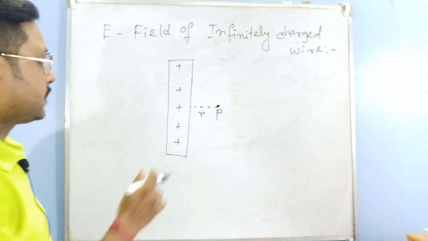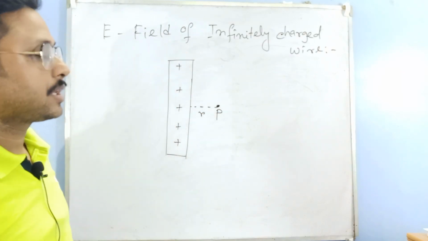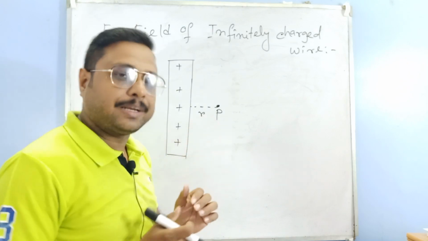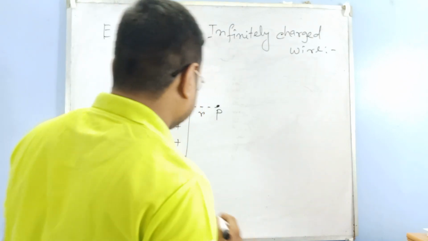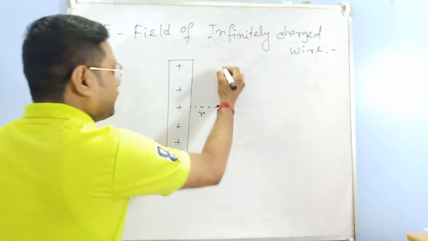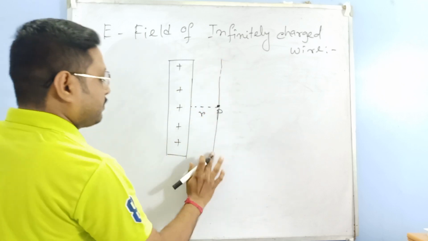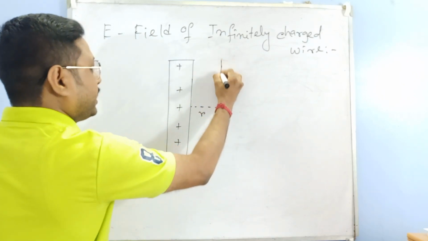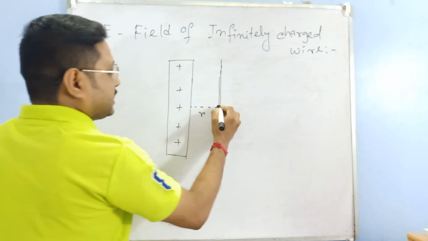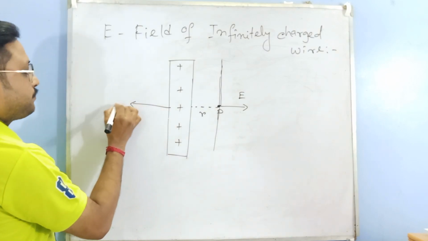To find the electric field at a distance from the wire, we first draw a surface which is known as Gaussian surface. The property of a Gaussian surface is that it must pass through the point P, and as this is positive charge, from symmetry the electric field is directed outward from the charge.